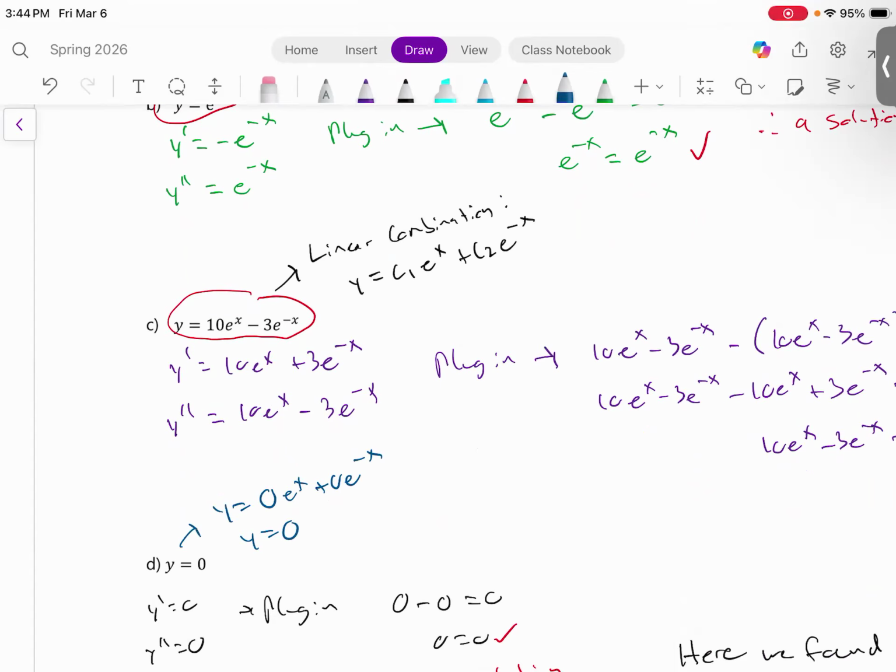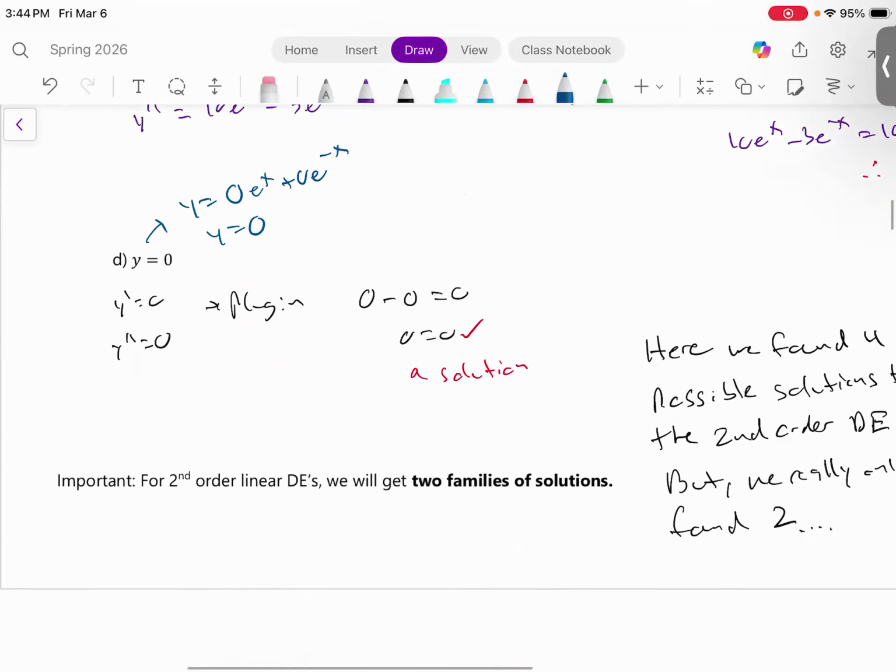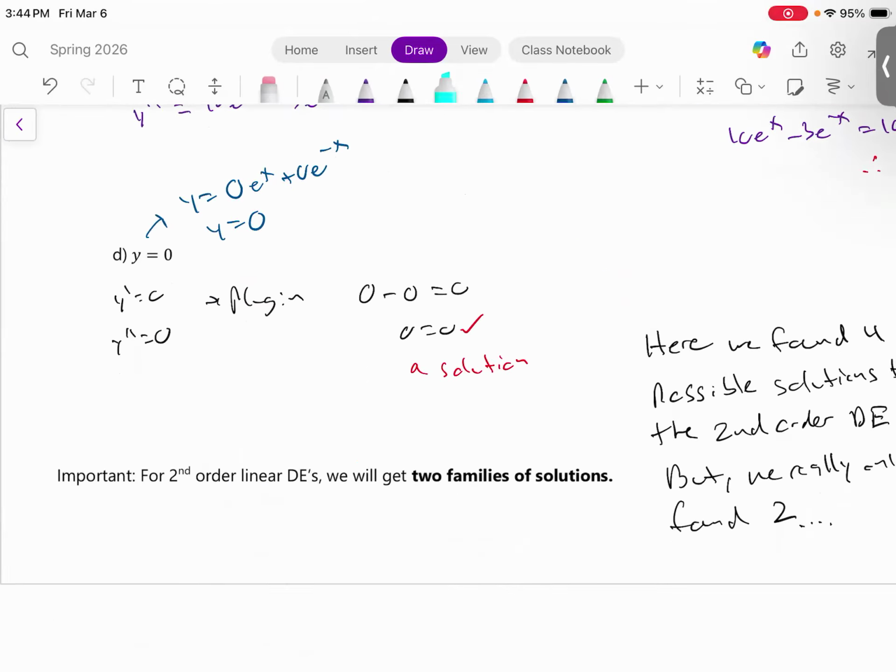It's a trivial solution, and it's also a linear combination of our solutions from A and B. So really we didn't find four solutions, we really only found two. That's because for second order linear differential equations, we only get two families of solutions. Not three, not four, not one. We always get two solutions, and then we can form any type of linear combination that we see fit.